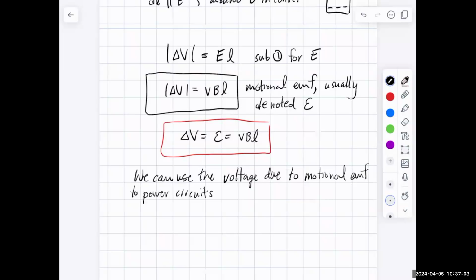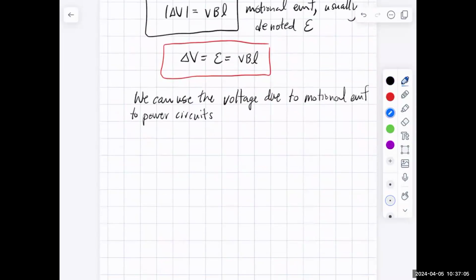Okay, so the picture is not going to change much, actually. We'll make our uniform magnetic field, that's going to be exactly the same. We'll have our conducting rod being pulled through the magnetic field, that's going to be exactly the same.